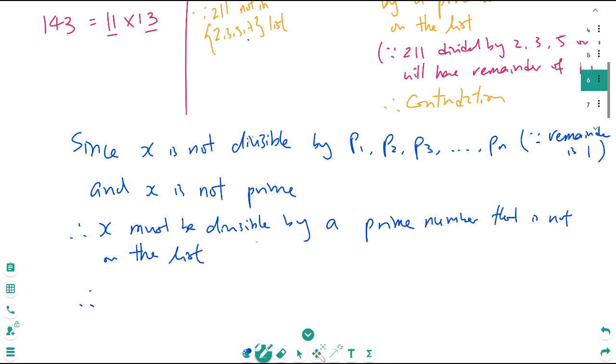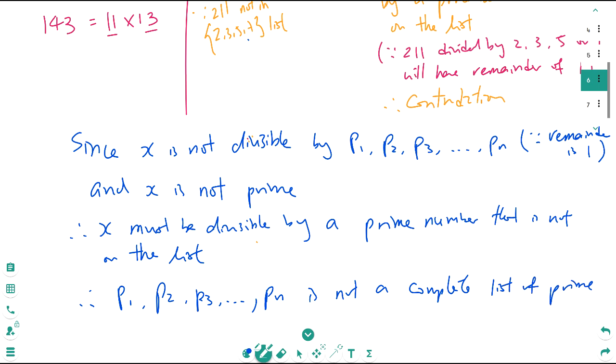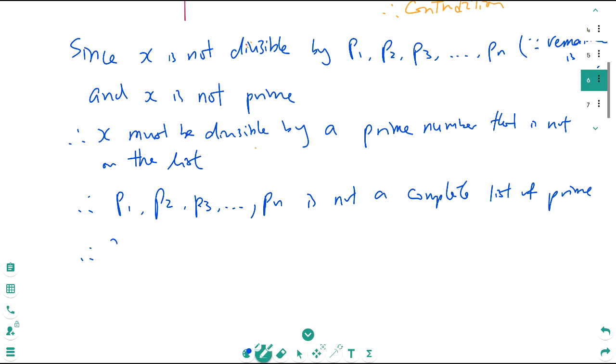So therefore, p1, p2, p3, up to pn is not a complete list of primes, and therefore contradiction.